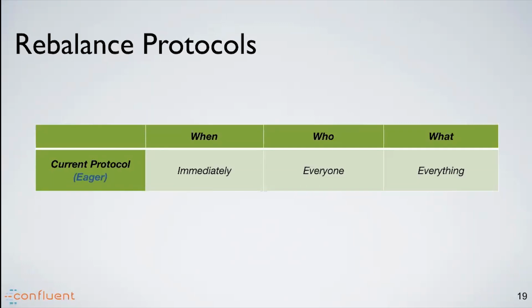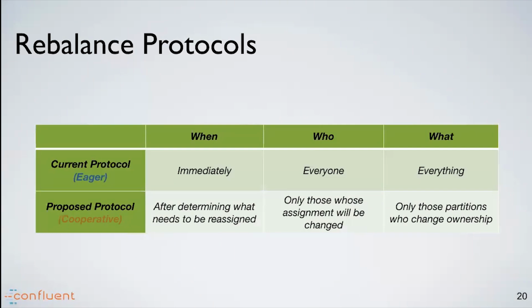So if we were to think about what the ideal protocol would look like, first, the when would be only after we've determined that something actually needs to be reassigned. The who would be only the consumers whose assignment actually needs to change. And of those consumers, only the partitions that actually need to change ownership, in order to have overall balance across the cluster.